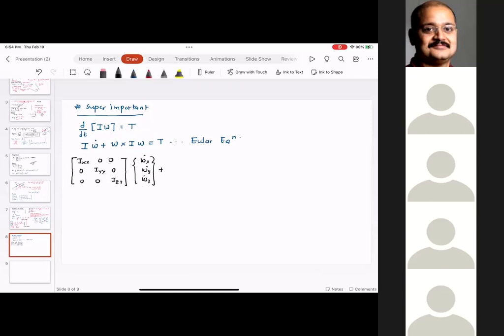Now here comes the problem. This omega is a vector. So what does it look like? It looks like omega x i plus omega y j plus omega z k. And then there is a cross product. But this cross product also is a little bit weird. So I have Ixx 0 0.